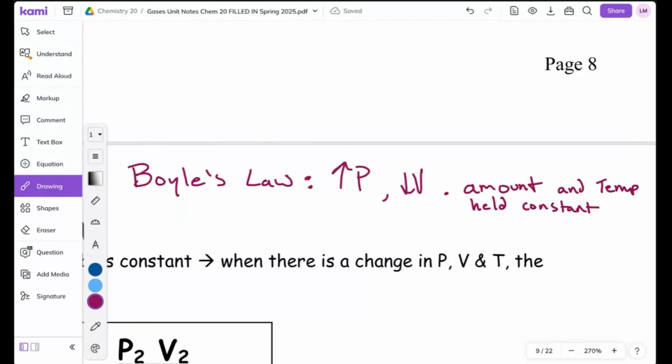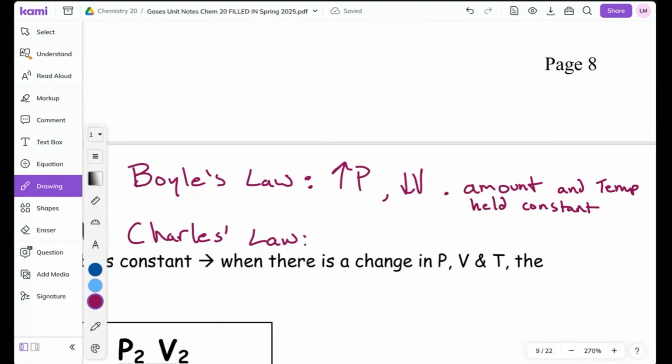Meanwhile, for Charles's law, that's the relationship between temperature and volume. And in Charles's law, that is a proportional relationship. So when one variable increases, the other one increases as well.